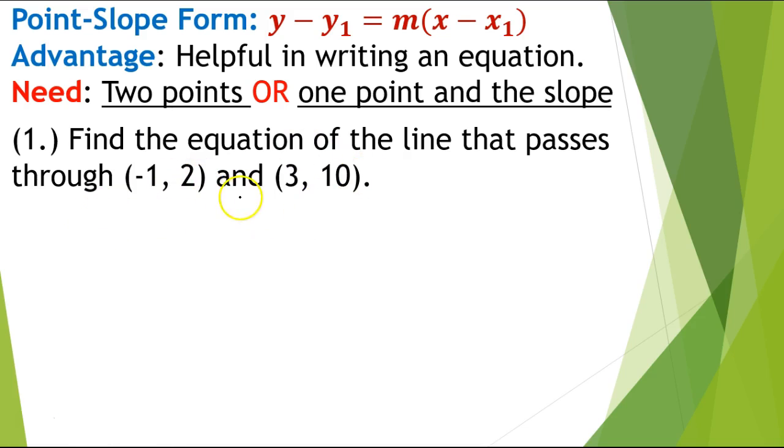So let's find the slope first. Again, if you notice in the formula, we don't have y2, we have only y and y1. Why? Because we're going to have that y and x as variables in our equation. So we label our points that way. Instead of x2, y2, we just have x, y. Our first point, we still make x1, y1.